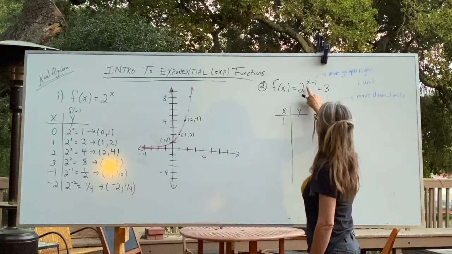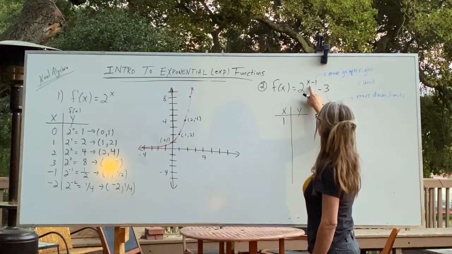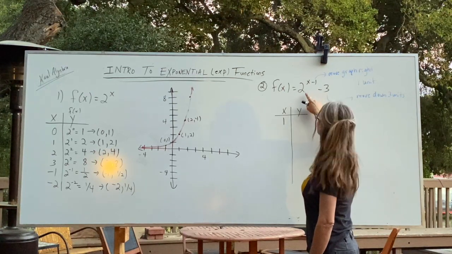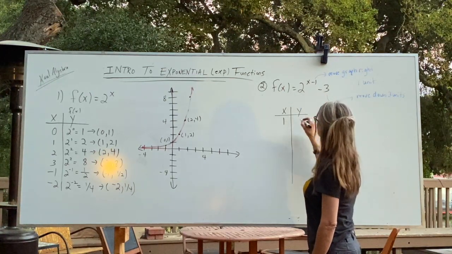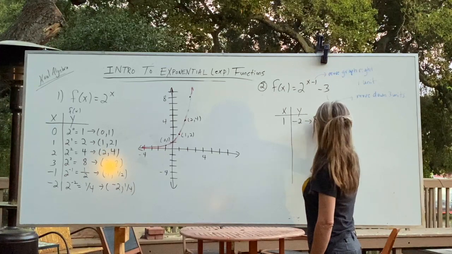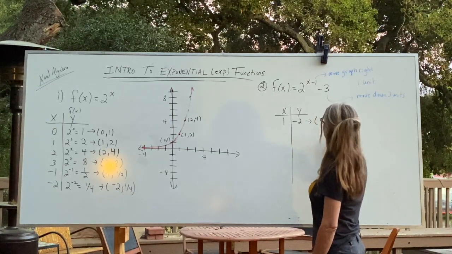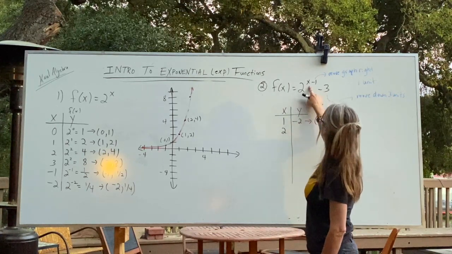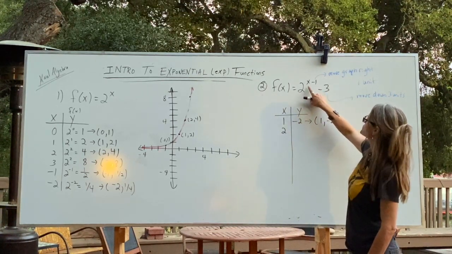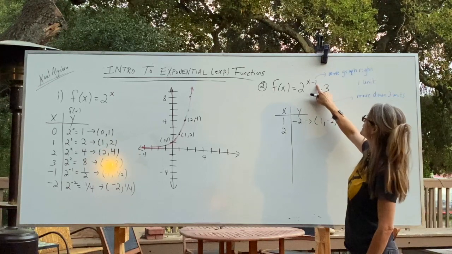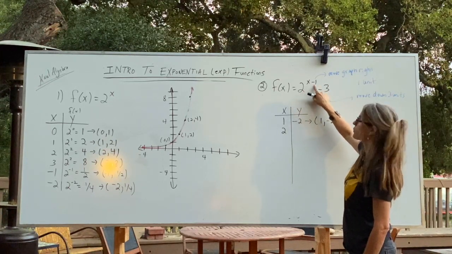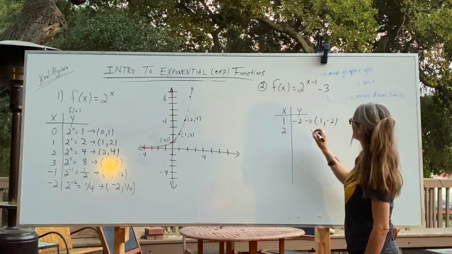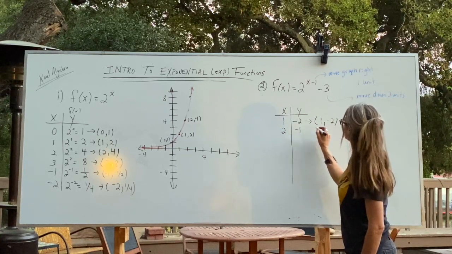So then I'll have 2 to the 0 power minus 3. So that would be 1 minus 3, so I get minus 2. And I get the ordered pair 1, negative 2. And then let me go ahead and try 2. A 2 for x will give me 2 to the power 2 minus 1. So that would give me 2 to the power 1, which is 2 minus 3. So that would give me a negative 1.